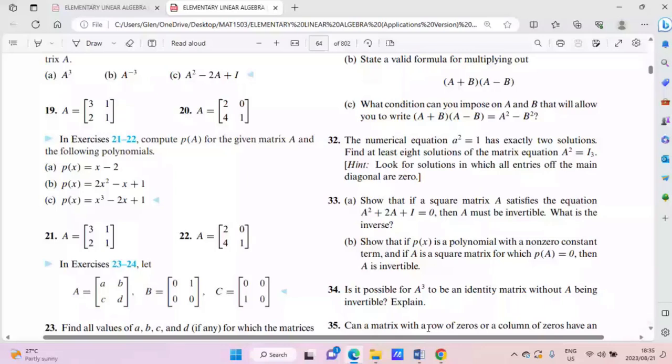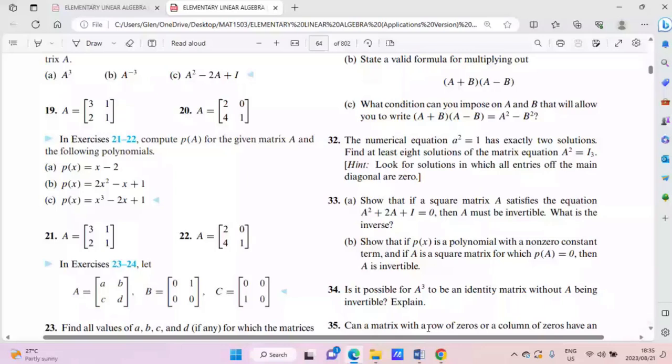Plus B times G. This will then be plus BG. This will be our first entry. Do we agree? Yes, I agree.